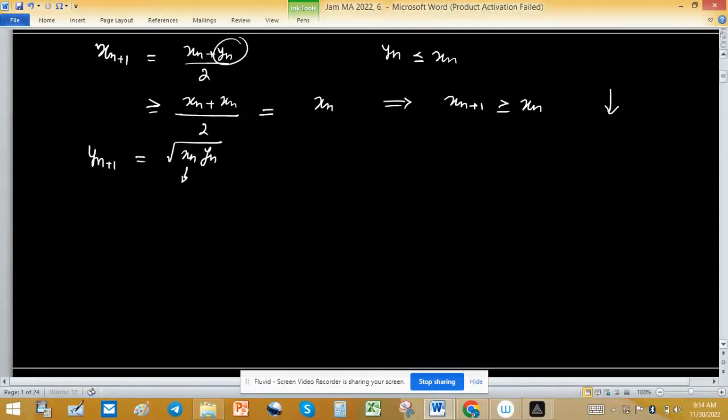So replace xn by yn to find the nature of yn. As yn is less than or equal to xn, if we replace xn by yn, we get yn into yn, so yn plus 1 is greater than or equal to yn, which means an increasing sequence.